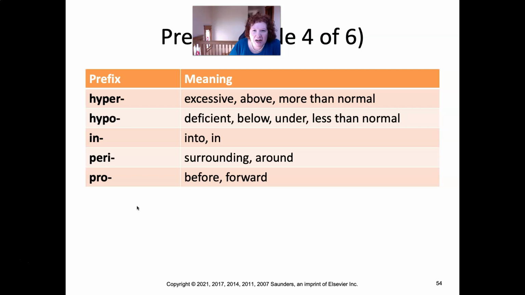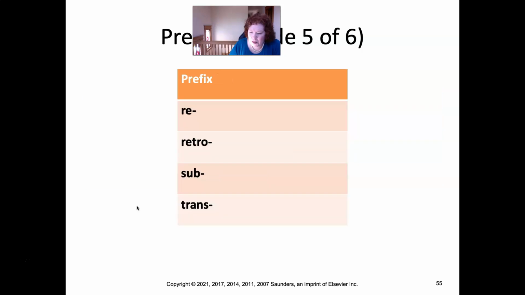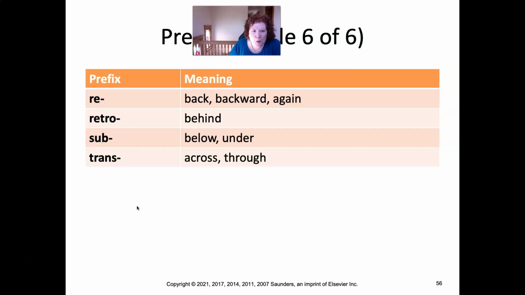So make sure when you are writing hyper, you know it's above, and hypo is below, and that you pronounce those accordingly, because that is a very significant chance for a medical error. In, peri, pro, re, retro, sub, trans.